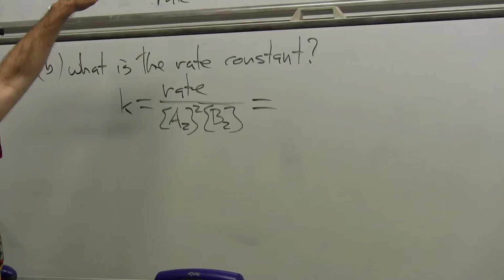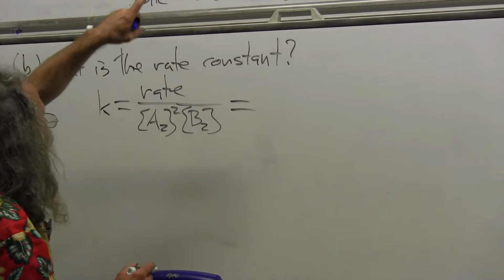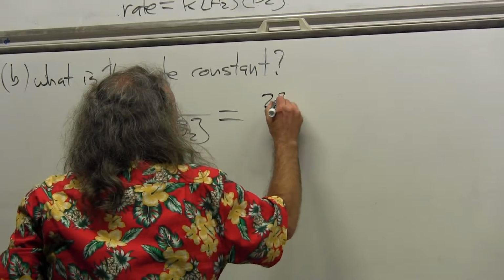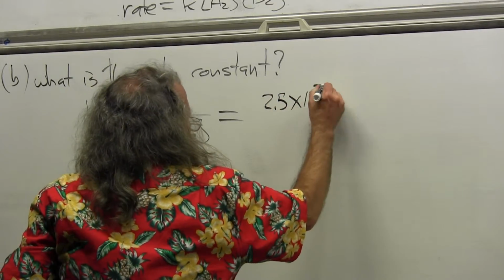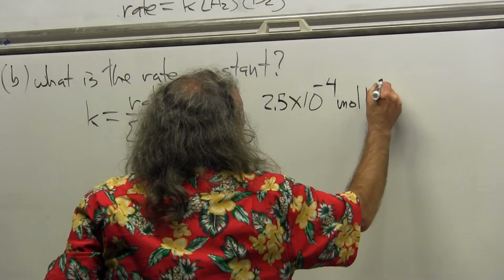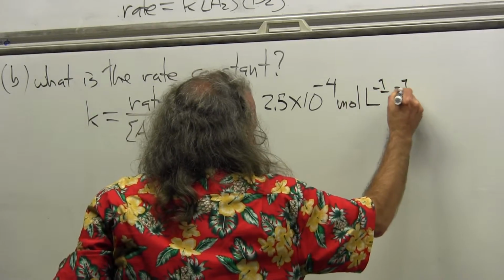Yeah. I would have picked 1, and so I'll take the rate that's in 1, and I'm going to include the units. 2.5 times 10 to the minus 4th, and that'd be moles per liter per second.